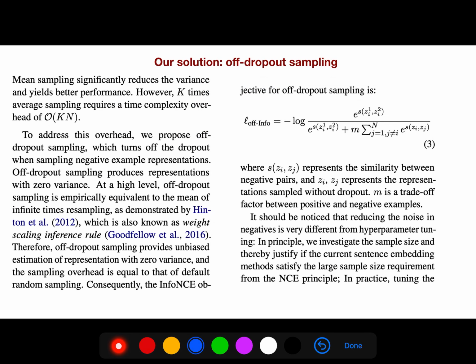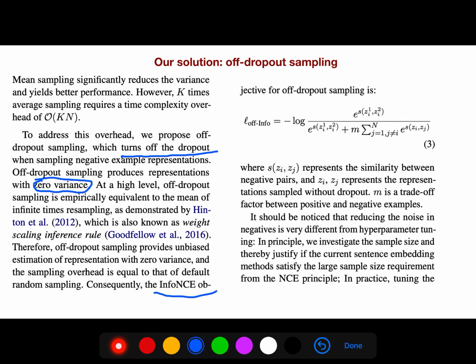So the solution of this paper is called off-dropout sampling. It turns off the dropout when sampling negative example representations. Off-dropout sampling produces representations with zero variance. At a high level, off-dropout sampling is empirically equivalent to the mean of infinite times resampling.